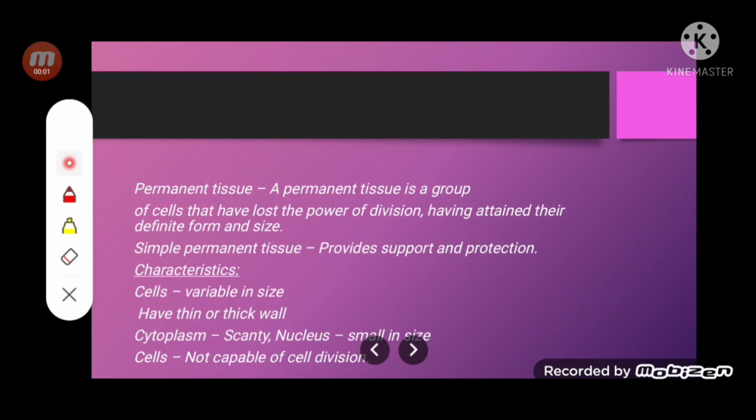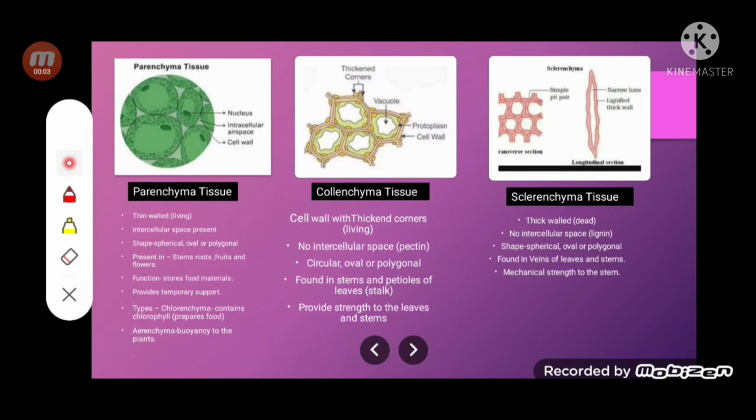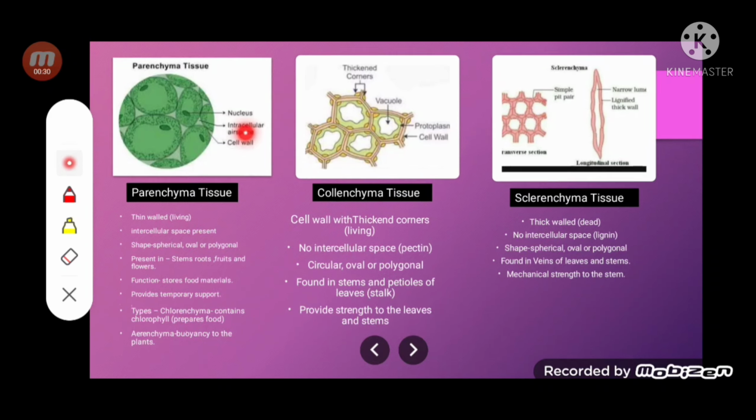So let us move further. Here you can see three kinds of simple permanent tissues: parenchyma tissue, collenchyma tissue and sclerenchyma tissue. First, in parenchyma tissue, the cells which comprise the tissue have a very thin cell wall, and intercellular spaces are present outside the cells.